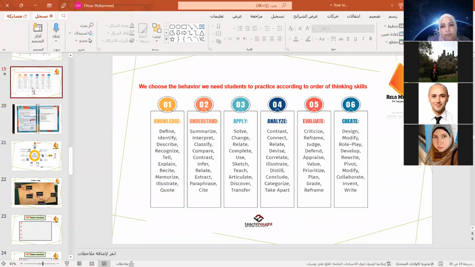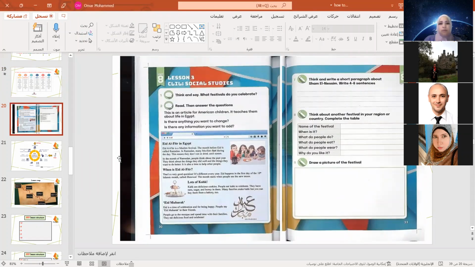Ms. Marwa: students will be able to teach festivals in different countries. Be able to draw a simple picture about Egypt. Very nice. What about the degree? Maybe we can use correctly, accurately.